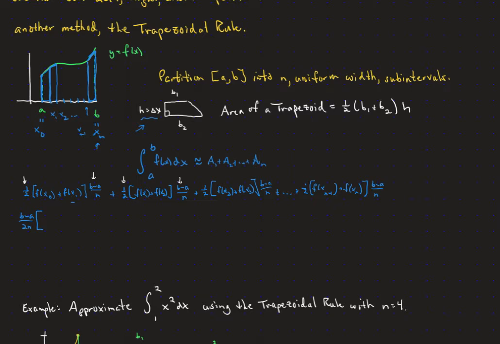Now, what we see that's left is we're going to have just this f of x sub 0, but we're going to get an f of x sub 1 from here and another f of x sub 1 from there. That's going to make 2 of those f of x sub 1s. We are also going to get an f of x sub 2 and another f of x sub 2. So what this is starting to look like is one of the f of x sub 0s.